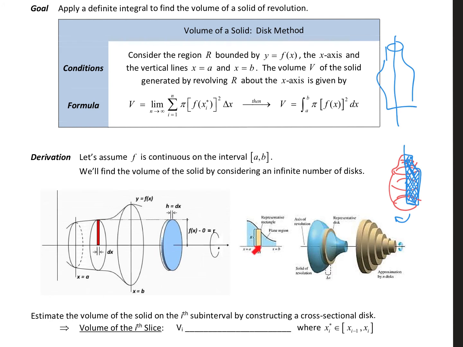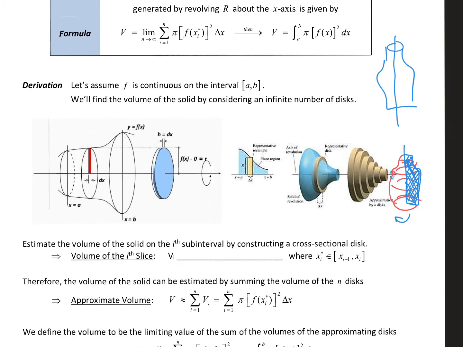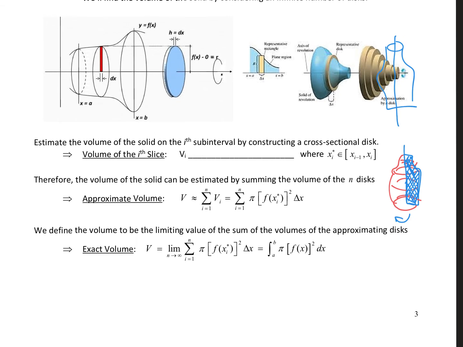Delta x is here. So that's why they're using dx. And then you'll see it's pi f squared. Where do they get that? So let's look at the picture and see where they come up with the pi f squared. If you look at each disk or each slice or each chunk, the volume of each one, again, is delta x, right?